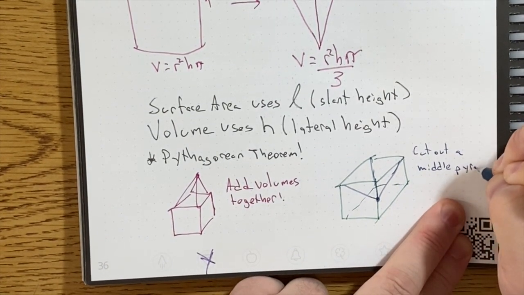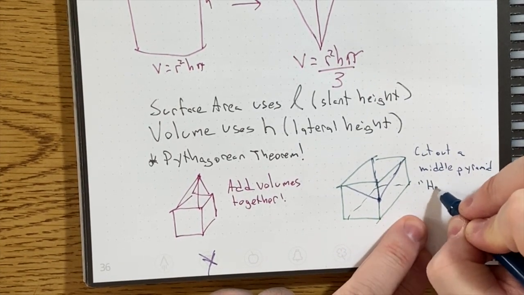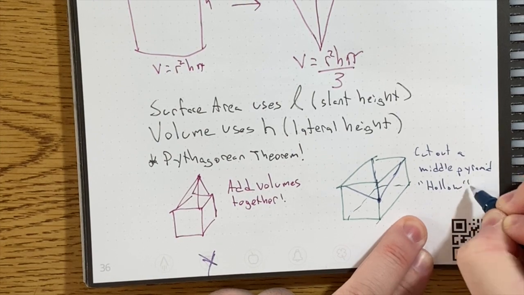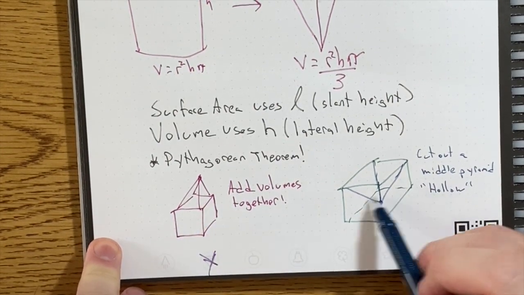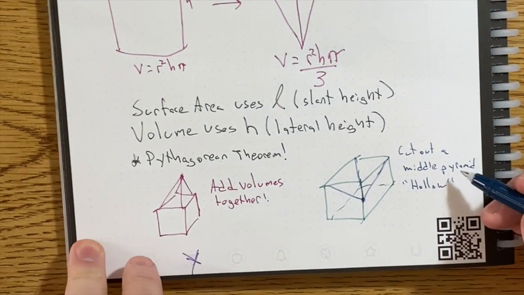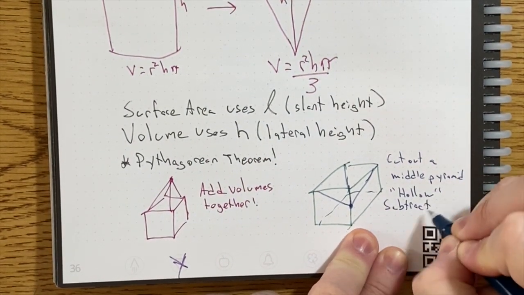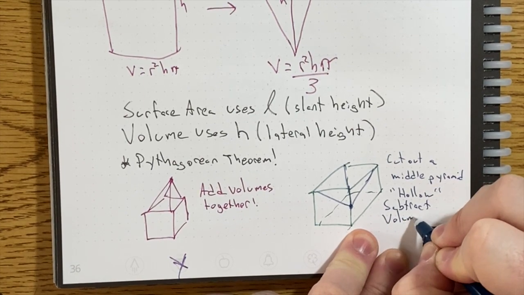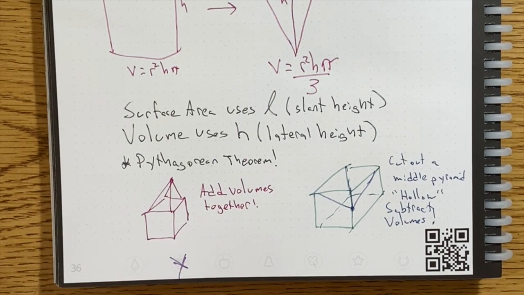Usually your clue is it'll say something like, it looks hollow. So on this one, we're combining 2 shapes. On this one, I had a full shape and I took something away. So on something like this, you would subtract the volumes. Okay? And that's it.